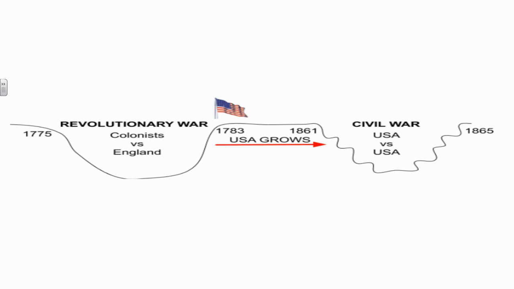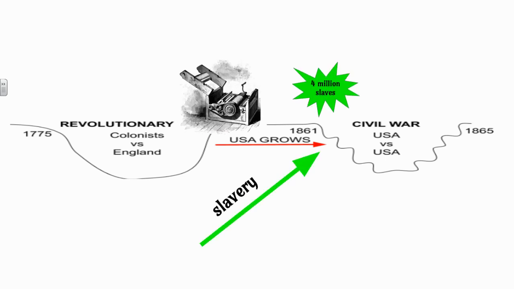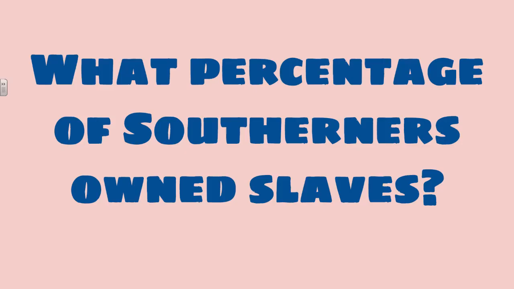I'm not sure if less than 1 million slaves would have made slavery as huge of an issue in our country as it was in 1860 when we're up to 4 million slaves. Now slavery is a hot topic. Now slavery is a major issue, and it's going to come to the attention of many.